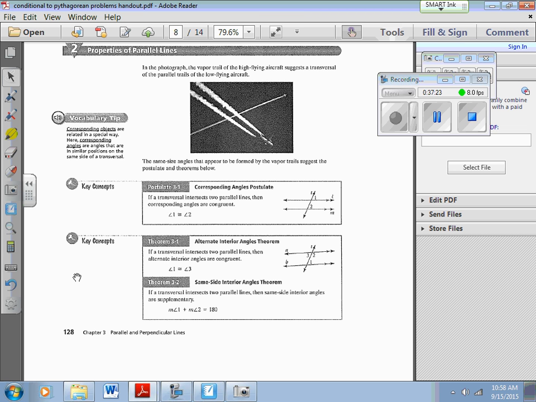Now, can you see these 2 lines are coming from the engine of this jet or plane? If 2 lines are parallel, does anybody know what parallel lines means?